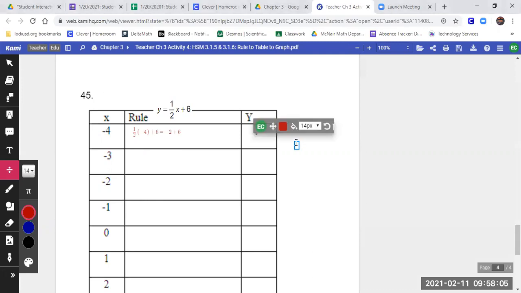Okay, so half times the -3 plus the 6. Now, what's half of -3? I recommend using the decimal version.